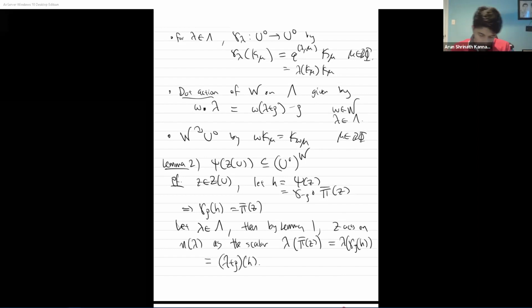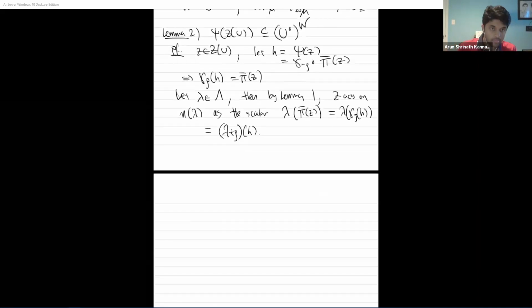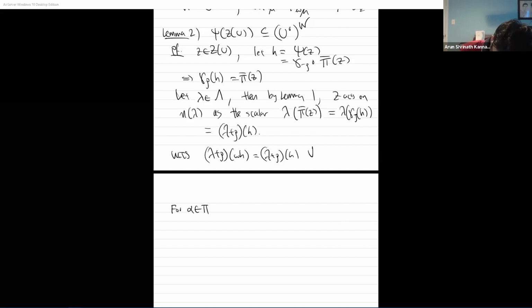Okay, so kind of like in the classical case we saw last time, where we're going with this is we want to show that this is W invariant. So we want to show that lambda rho of wH is equal to lambda rho of H for all w in W and for all lambda.